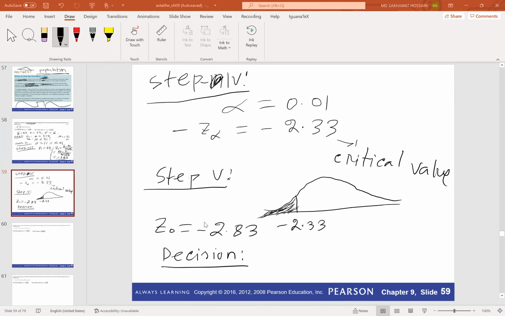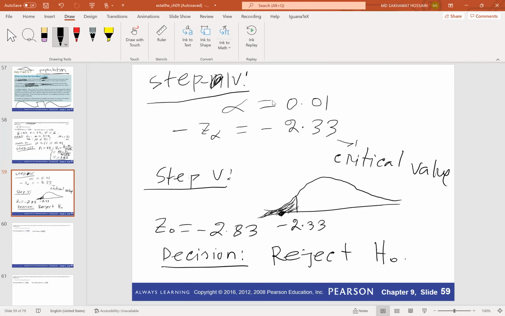Yeah, we reject the null hypothesis, right? That's correct, because negative 2.83 is on the left side of negative 2.33. So it should be somewhere here. So that means we reject the null.